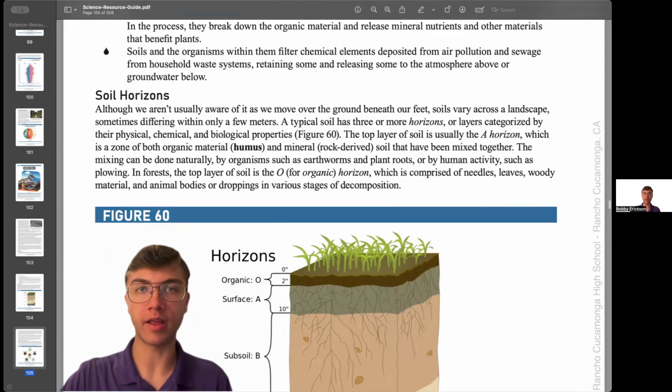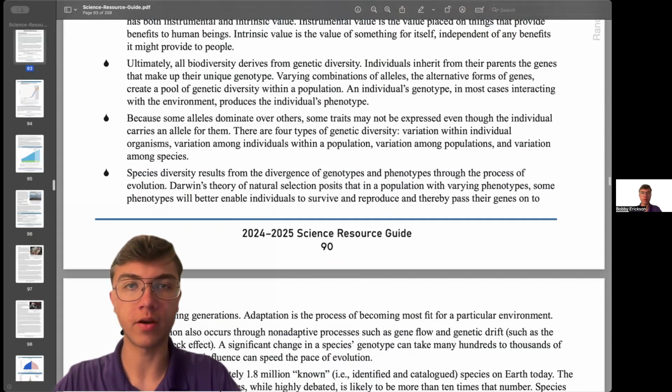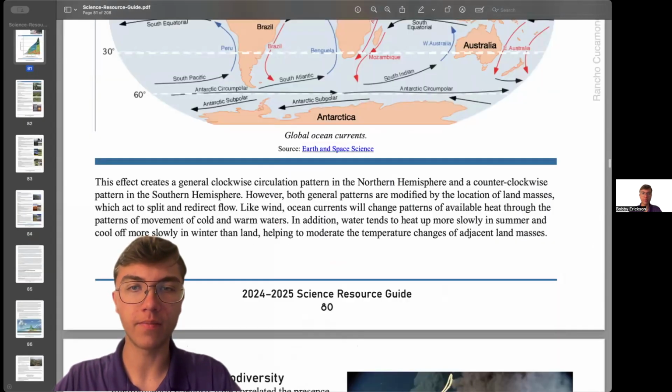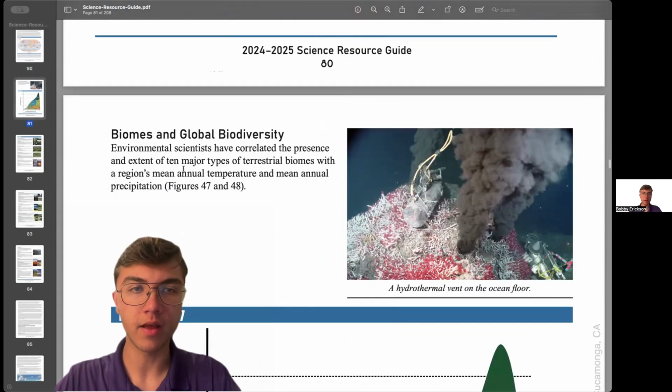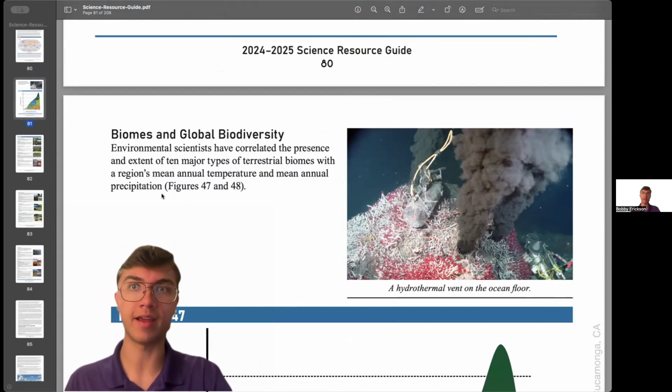That's what we learned in the previous section up here in section 2, if we go up to the biomes section. So if we look at these, mean annual temperature and mean annual precipitation. So humidity and precipitation are very connected here. It's how wet the areas are.